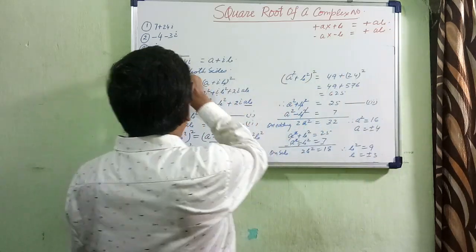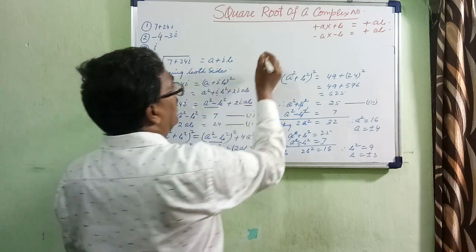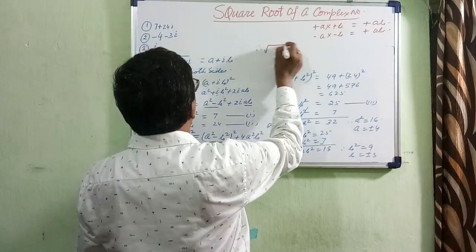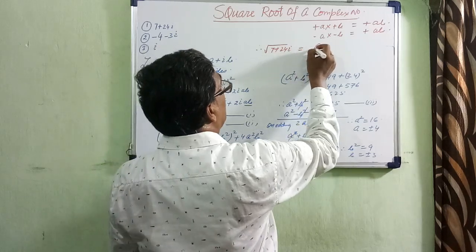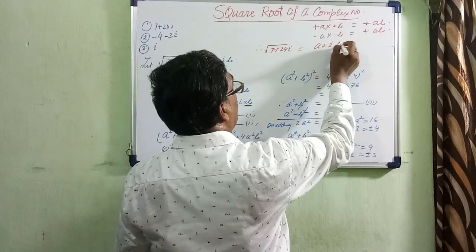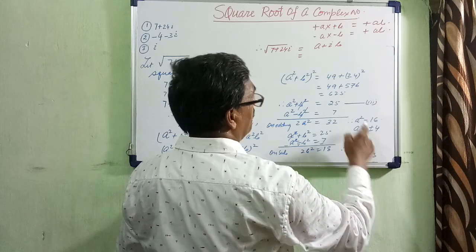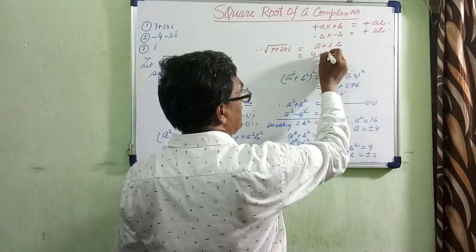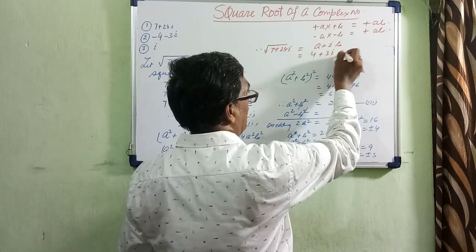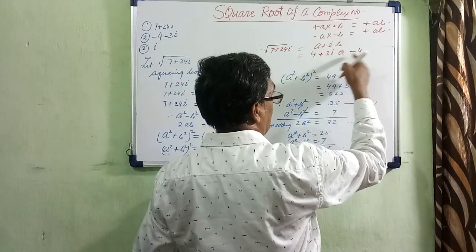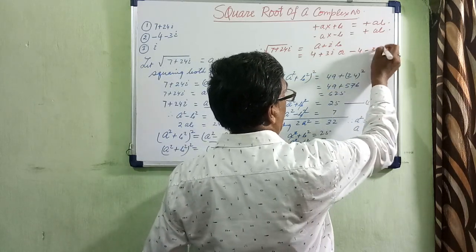So what is the value of this particular number? Therefore, root over 7 plus 24i is equal to a plus ib. What is a? 4 plus b is 3, so 4 plus 3i, or minus 4 minus 3i.